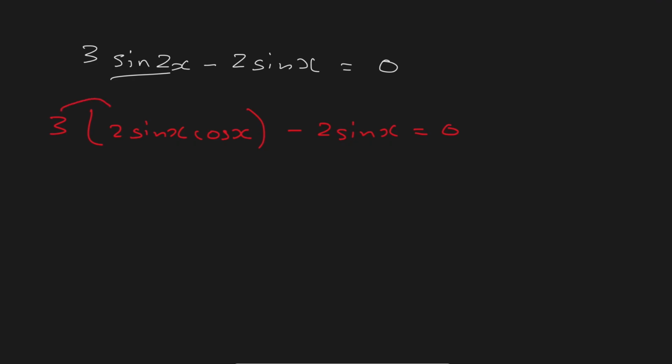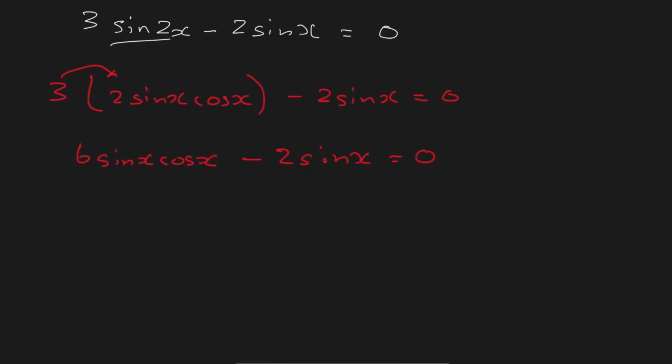So then we're going to say 3 multiplied by 2, that's going to be 6 sine x cos x, and then we have minus 2 sine x, which is equal to 0. So now when we solve here, we can take out 2 sine x as a common factor, and then we're going to get 3 cos x minus 1, all of this equal to 0.